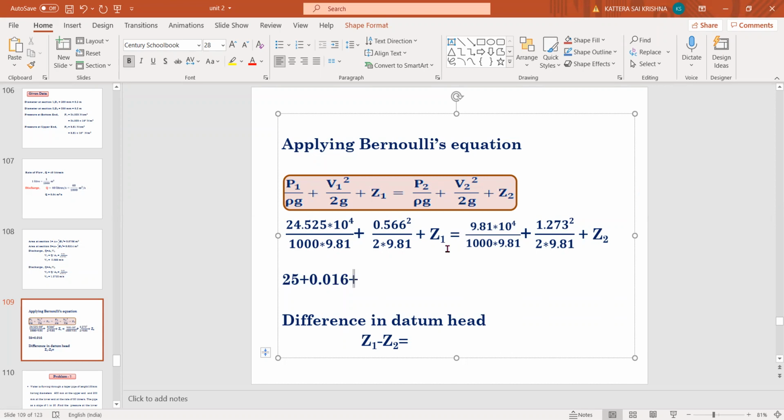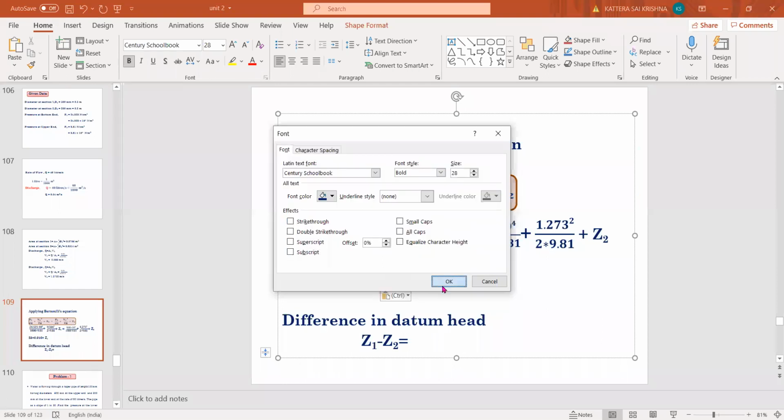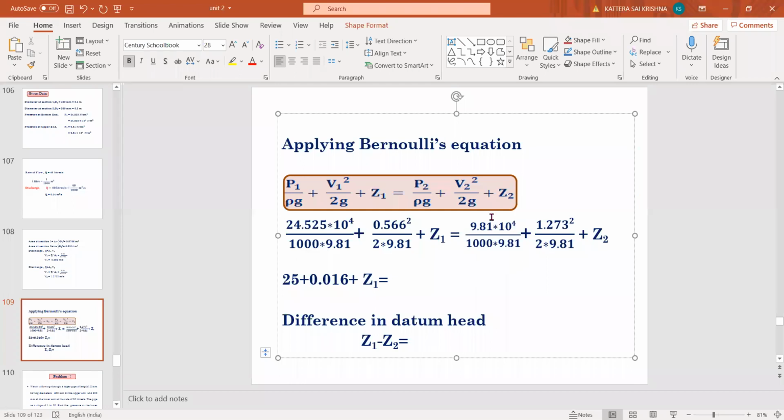So plus Z1 is equal to this term, 10, plus 0.0822, plus Z2.